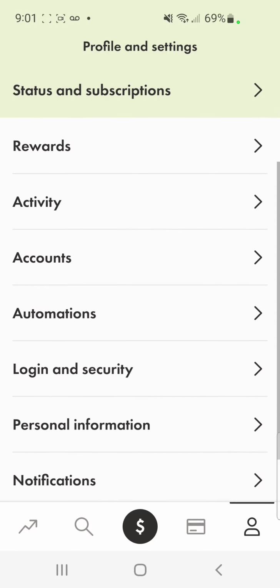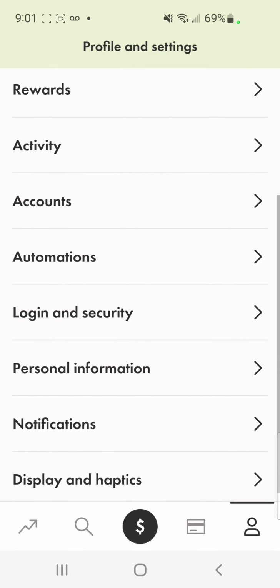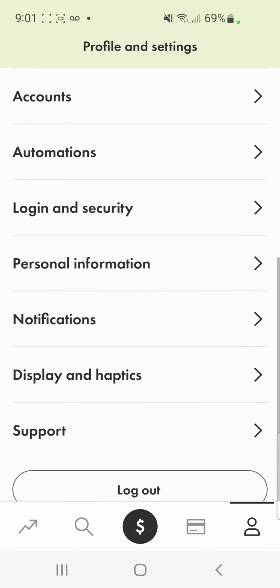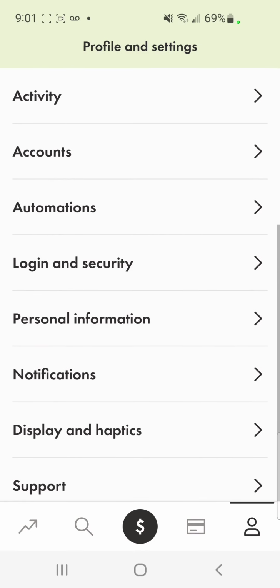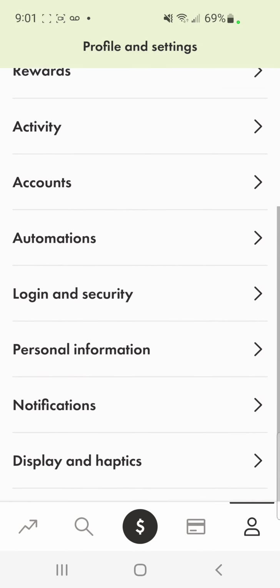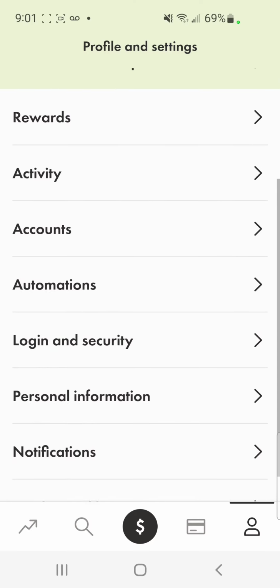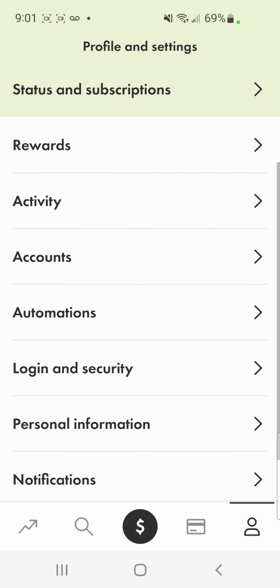So anything interesting here? I think so. Personal information isn't that interesting. It just shows stuff you entered already. Login and security, I think by now everyone has to use SMS verification when they log in.